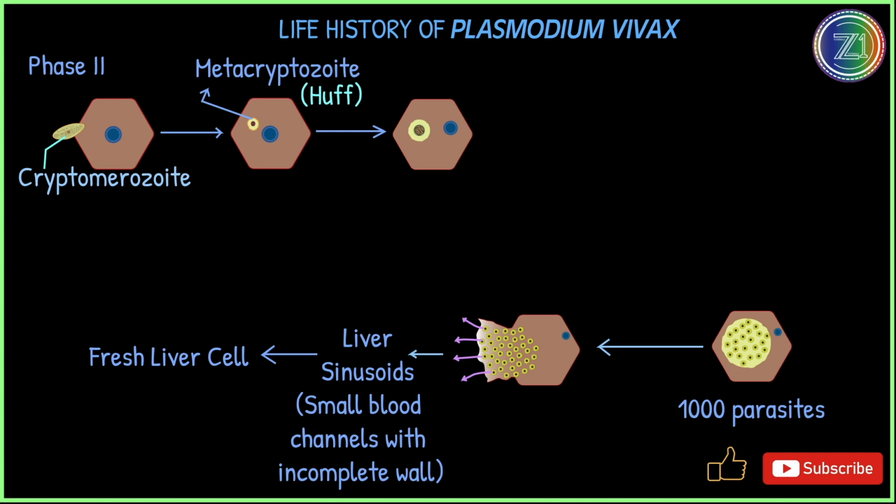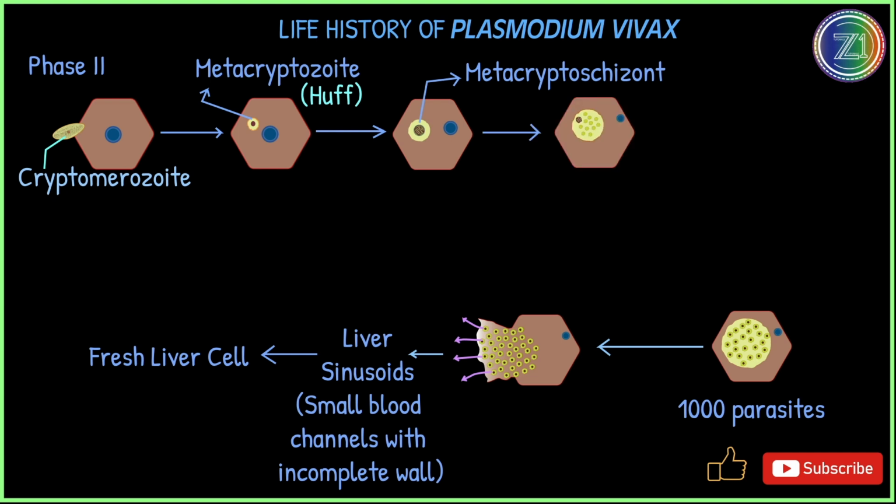It is going to grow in size and form the metacryptoschizont, like in the previous one we called it the cryptoschizont. So when the second fresh liver cell is entered, we mention this as meta, right? This metacryptoschizont is going to undergo the next phase, multiple fission.